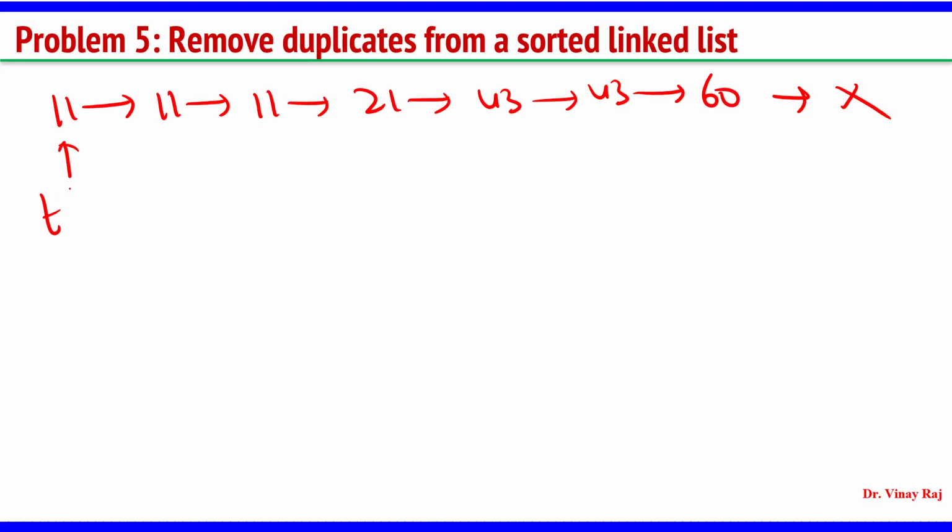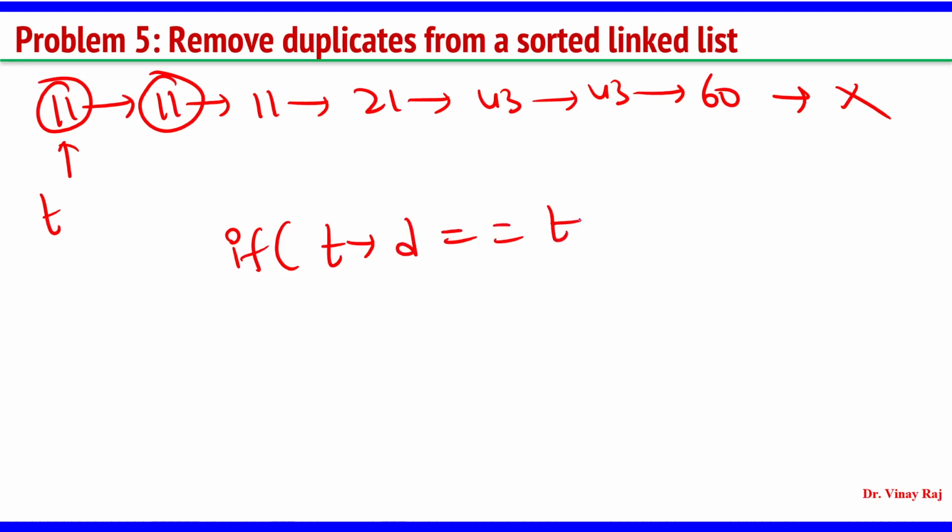I am checking whether this temporary and its next data are both the same. If they are both the same, don't jump. If T data is equal to T next data, yes, T data is 11 and T next data is also 11. In that case, make your T as this.